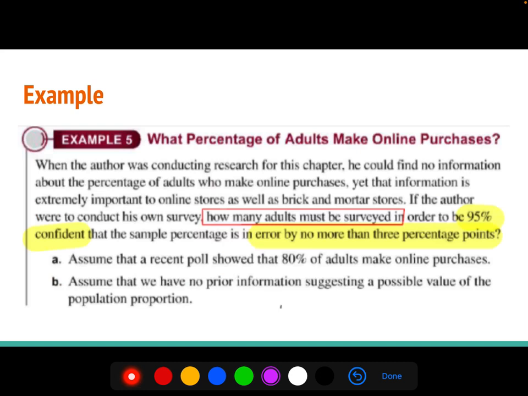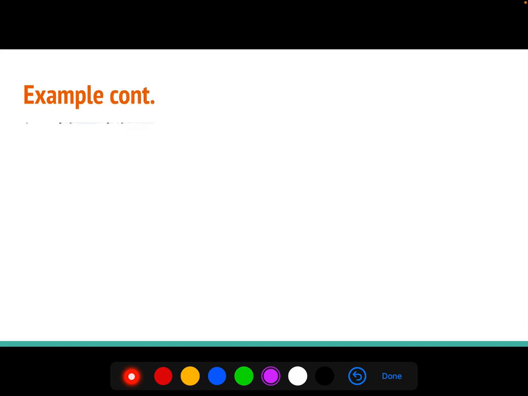Okay, so now an example. How many adults must we survey if we want to be 95% confident? The error is going to be no more than 3 percentage points. And we have, assuming that 80% make purchases online, and then the other part has no information about P and Q. So I'm just going to divide this down the middle and do the problem for both.